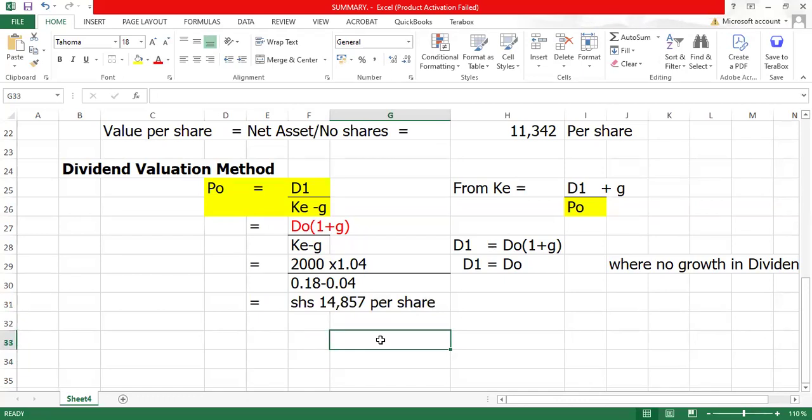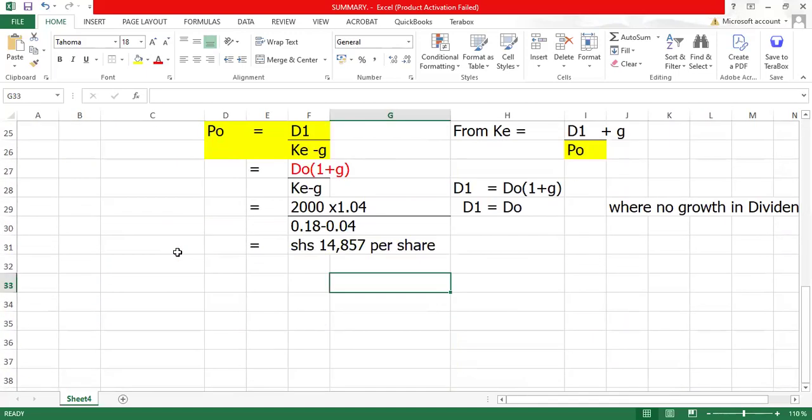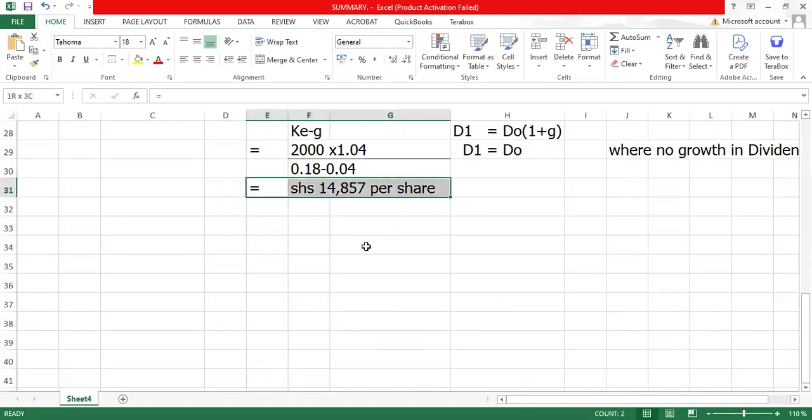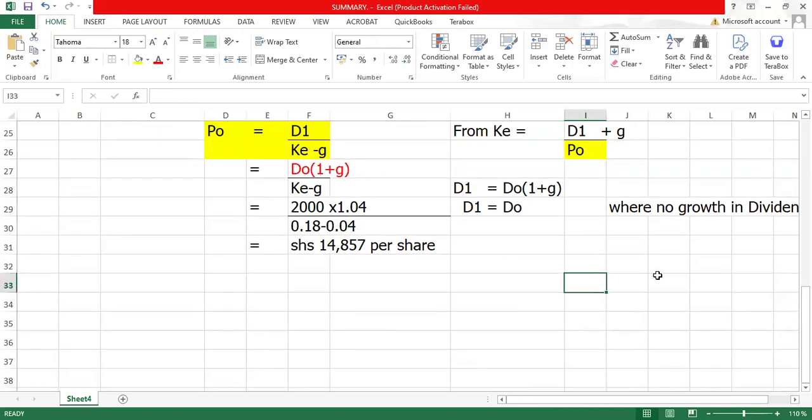Okay, colleagues. So, which conclusion can you put? Because at the end of your computation, you can conclude: should BIL go ahead and acquire the QHL or not? You see all the methods, method 1 and method 2, you are getting value per share which is higher than the par value.